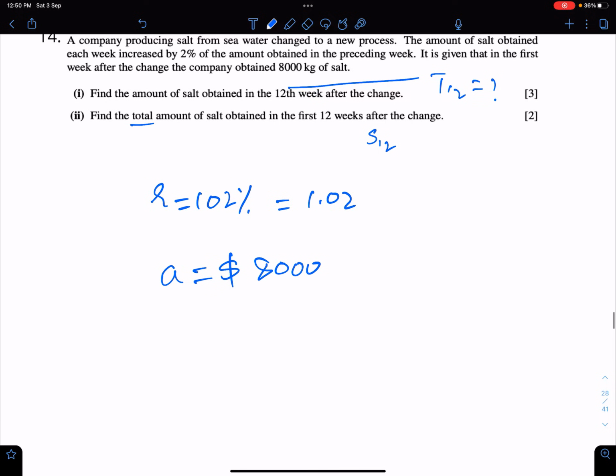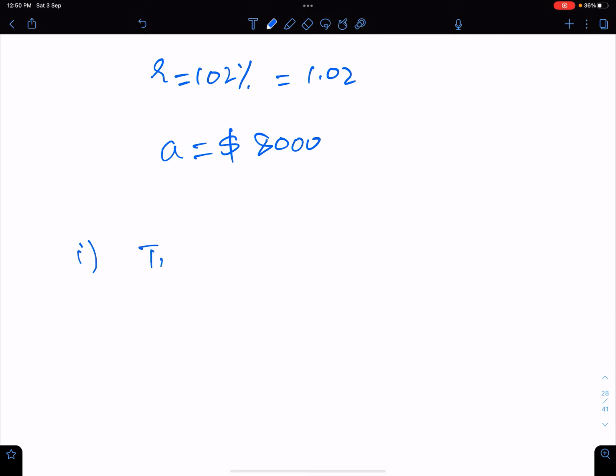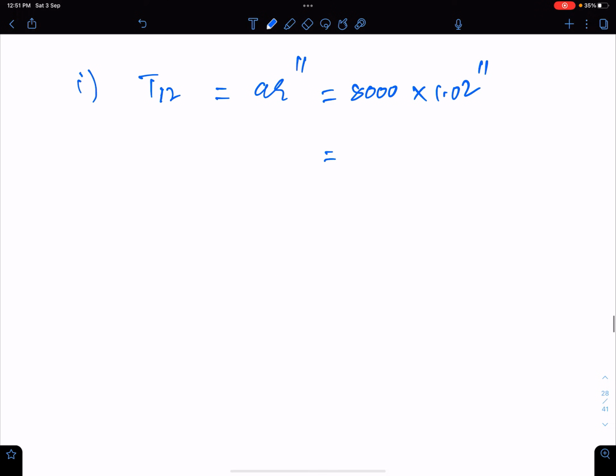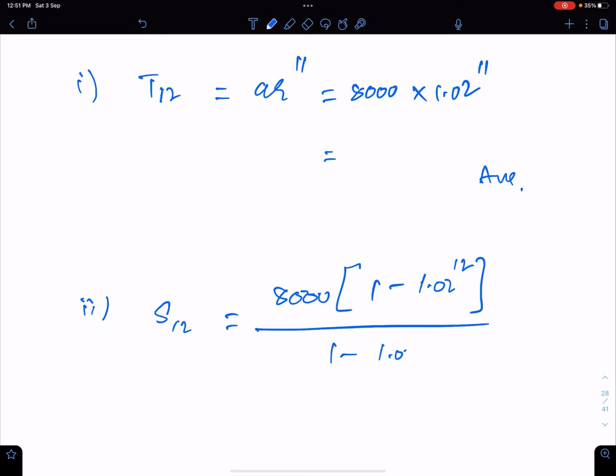So in the first part, we need T12, which is AR power 11. So 8000 times 1.02 power 11. Make sure you leave your answer up to 3 significant figures. Part 2, S12, it should be A times 1 minus R power 12 over 1 minus 1.02.